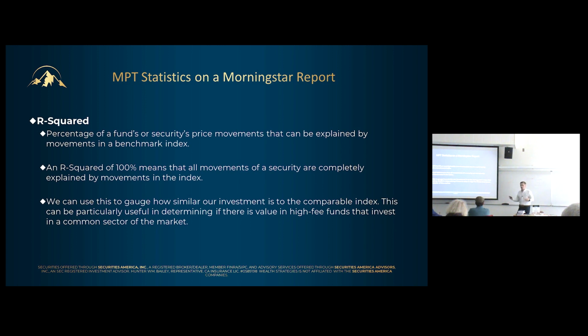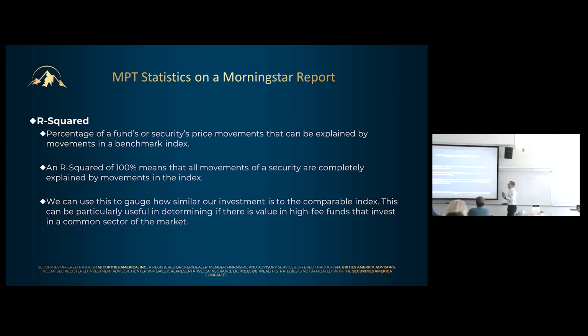And if my risk level is similar, and I'm earning similar returns, but I'm paying 1% a year, I don't care what it is they're doing. It's giving me the same thing I would be getting in the S&P 500. And I can see that based on R squared being incredibly high and my returns being relatively similar.